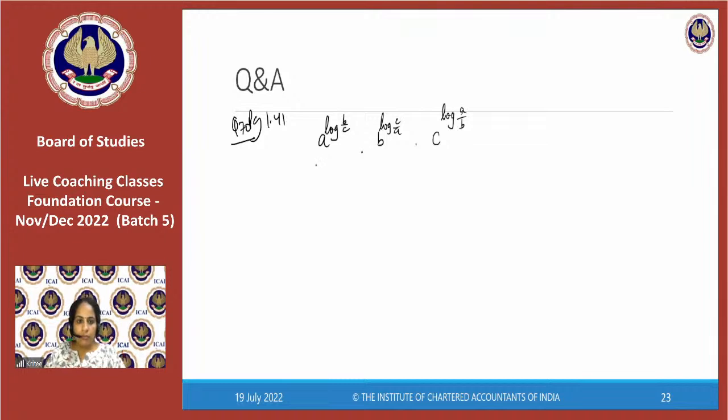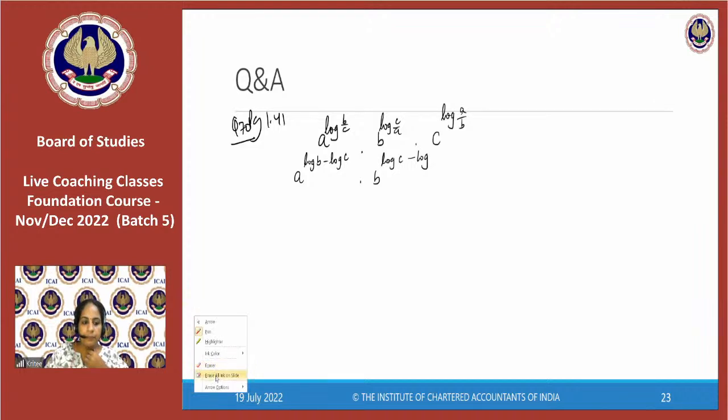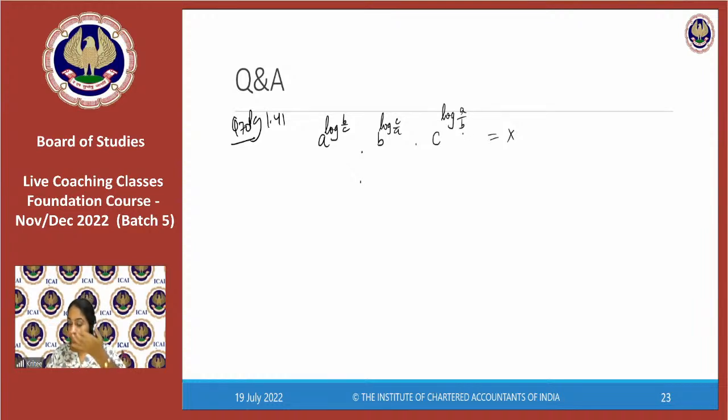Okay, so what we can do here is it is a raised to power log b minus log c into b raised to power log c minus log a, or wait, I'm sorry, we'll do it again. Take this as equal to x. If I have to find out its value, I'll take it as equal to x.